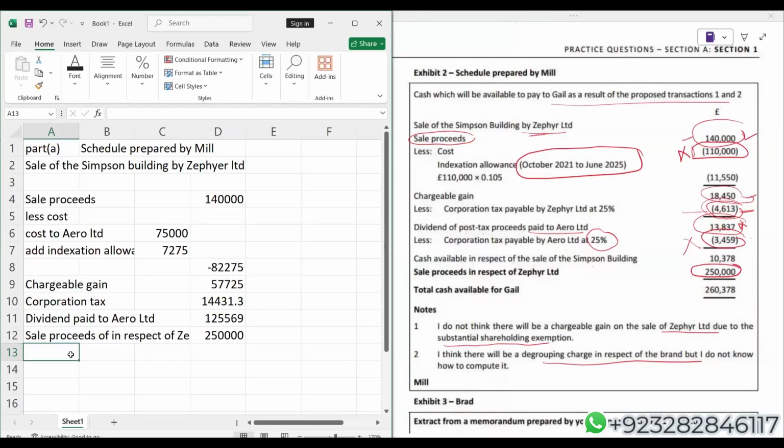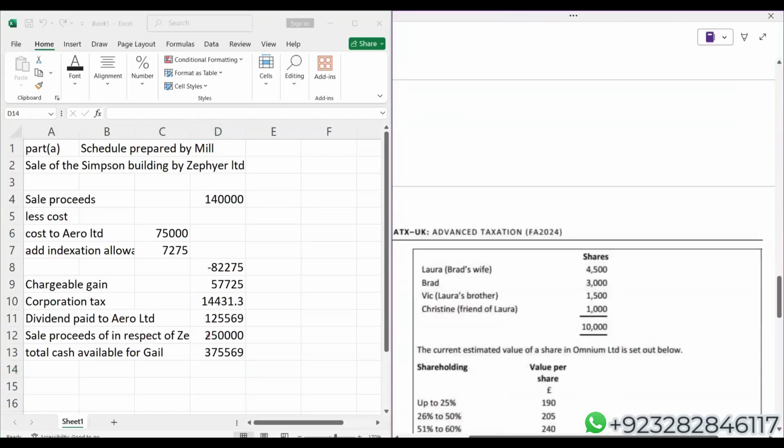So the total amount which will be available to Gail, total cash available for Gail, simply we'll add both of them. So it is 3,75,569. I strongly believe the schedule is now corrected. Let's go to the other requirements.